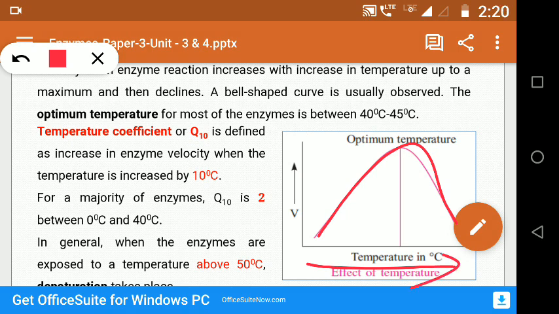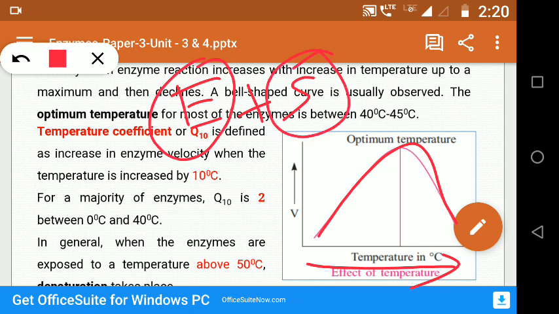So that means we have enzyme plus substrate. We have a fixed amount of enzyme and an excess amount of substrate. It will proceed with the normal reaction, but the same reaction is conducted at different temperatures.